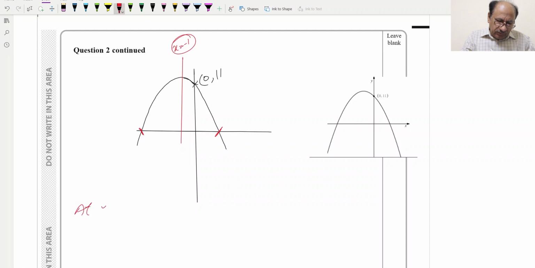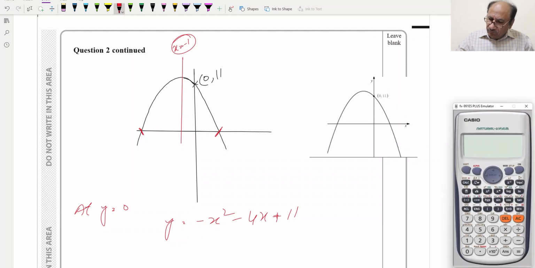At y is equal to 0, you can find them by the quadratic formula. Y is minus x squared minus 4x plus 11 if you write it in arranged form.